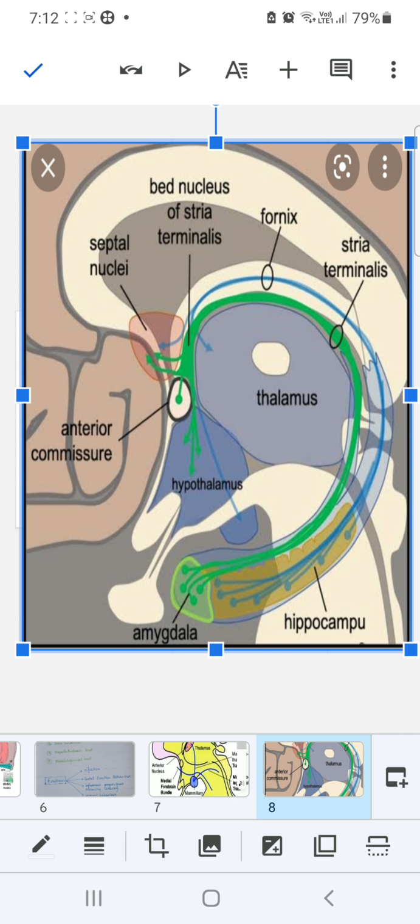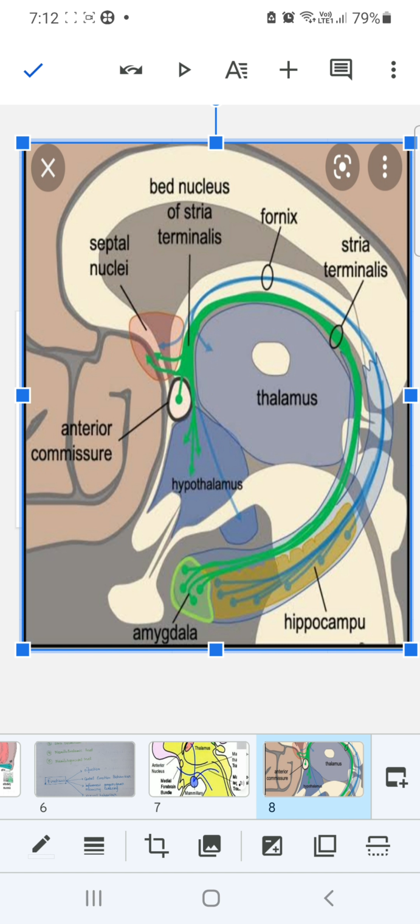Hippocampus and hypothalamus are shown in the blue color. So they both are connected by the blue fibers, and they are known as fornix. So fornix connects the nuclei of the hypothalamus to the hippocampal area.